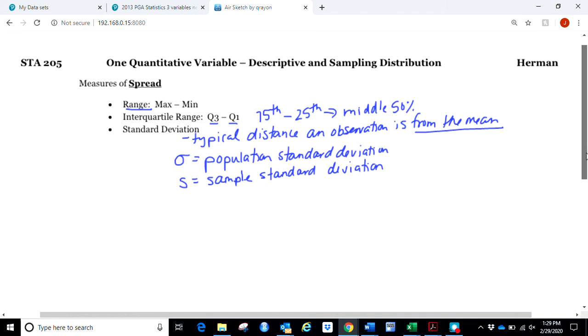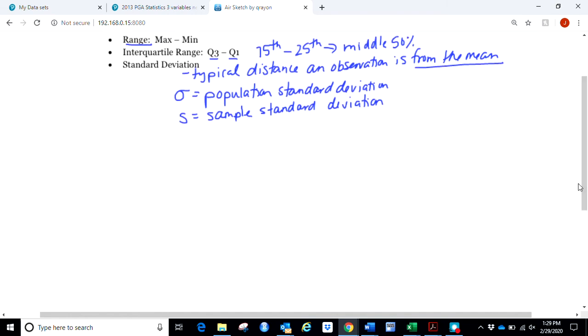Now let's look at a few data sets to understand why this may be a useful measure to look at. So we are going to look at 3 different data sets. Data set 1 consists of 5 values, where every single value is just 20.